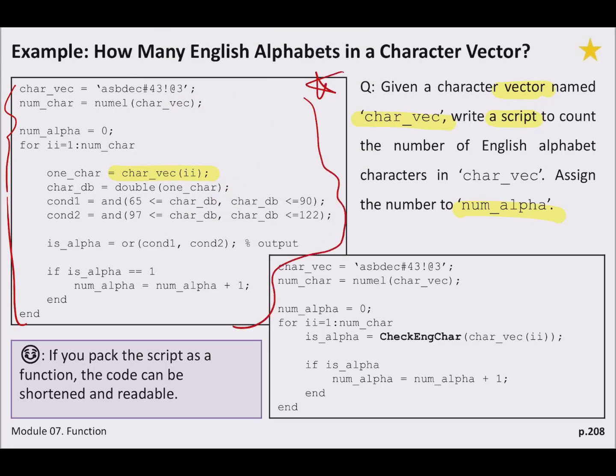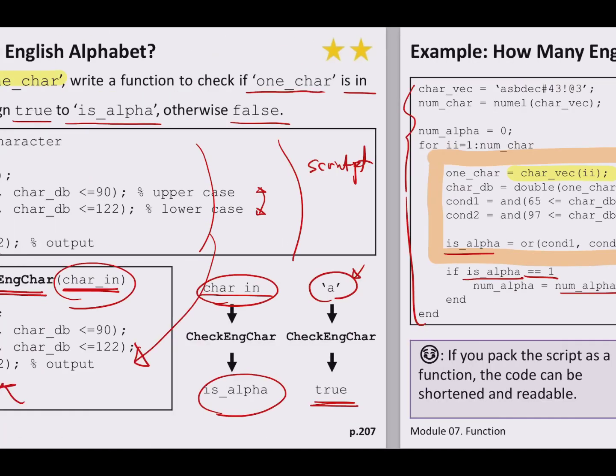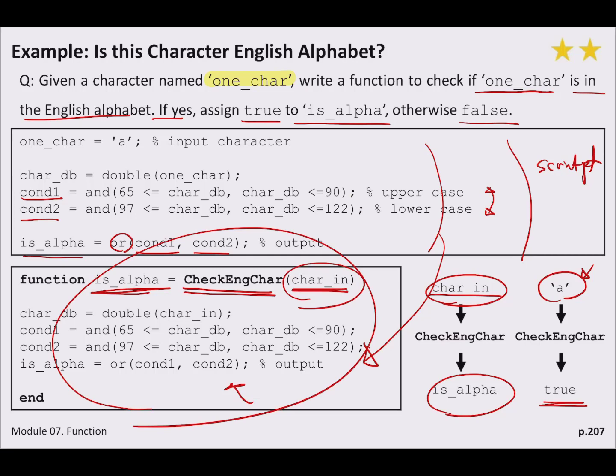If this one is an English alphabet, you're increasing the value of num alpha. But here we already programmed this part using the function, right?